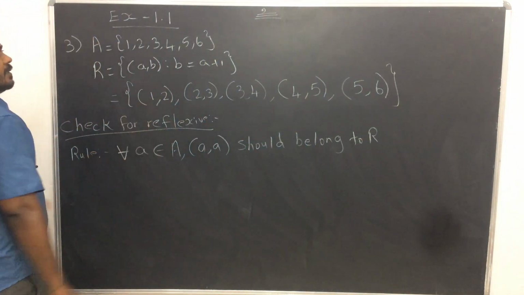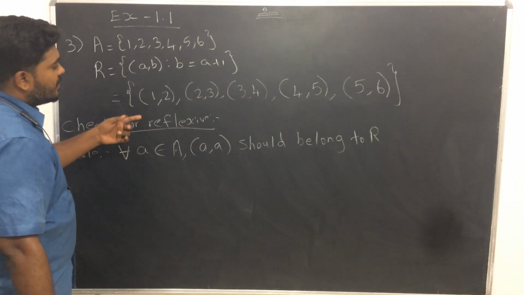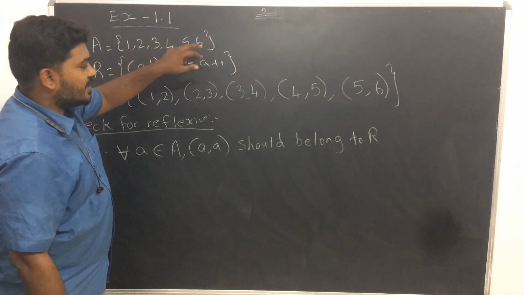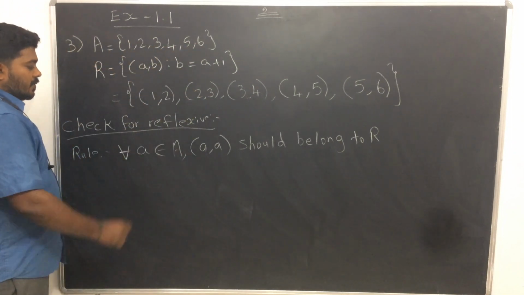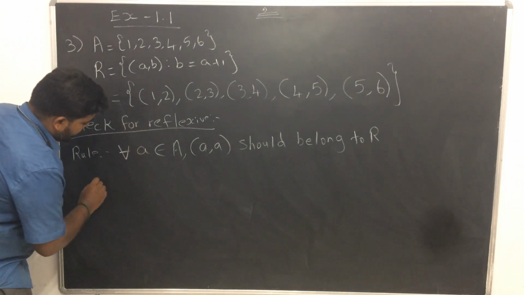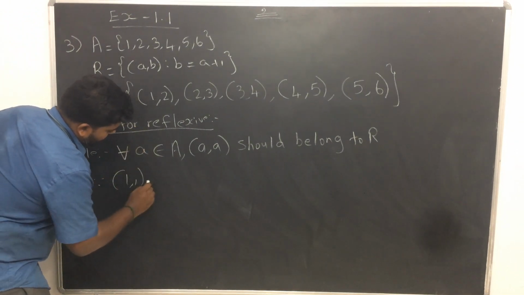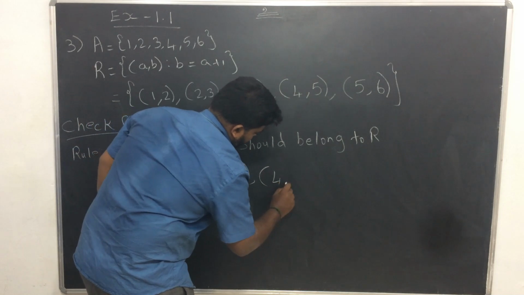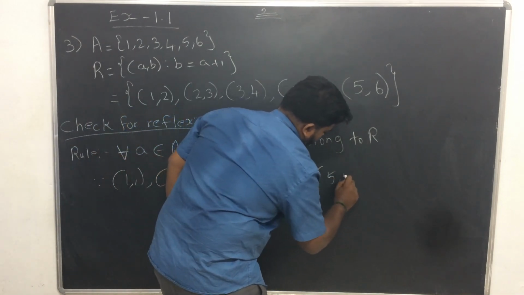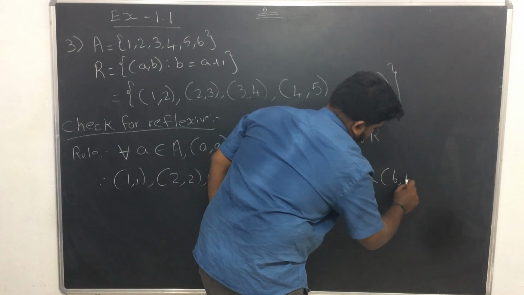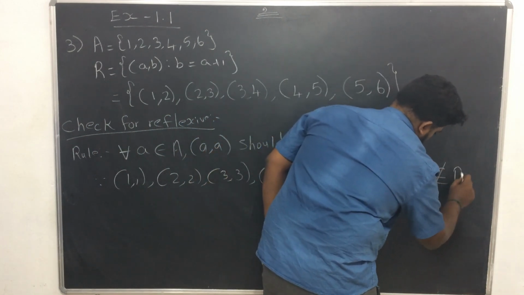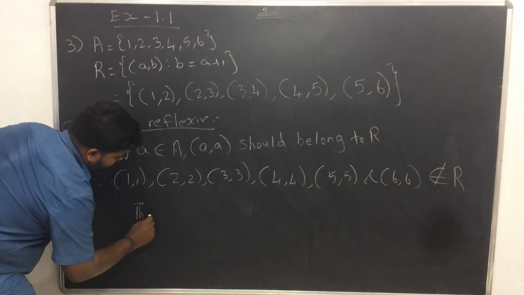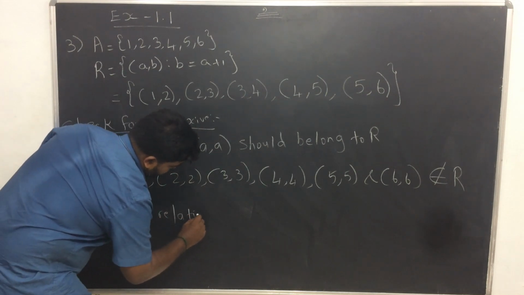Now, looking at the values of R, do we have 1, 1, 2, 2, 3, 3, 4, 4, 5, 5, 6, 6? No. So, how do we say? Since (1, 1), (2, 2), (3, 3), (4, 4), (5, 5) and (6, 6) do not belong to R, we can say that the relation is not reflexive.